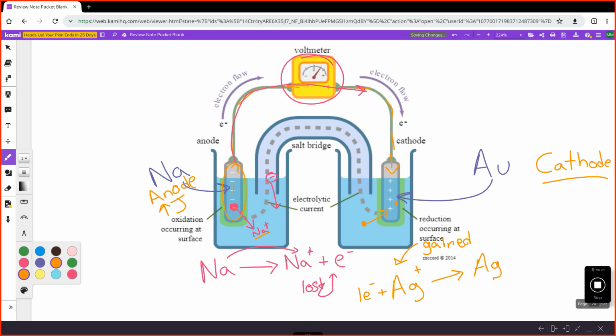Eventually, the mass of the anode is gone completely, and the battery stops working. That's when a battery dies. Meanwhile, the mass of this is increasing because I am adding more electrons to make more ions.